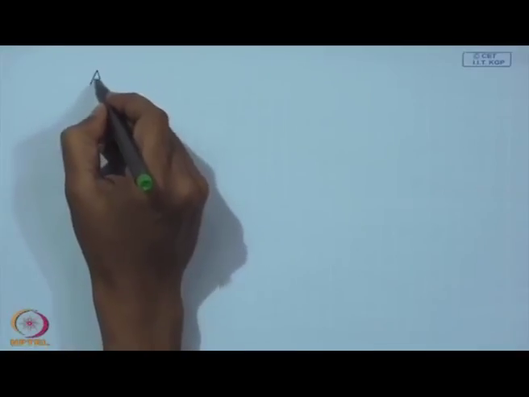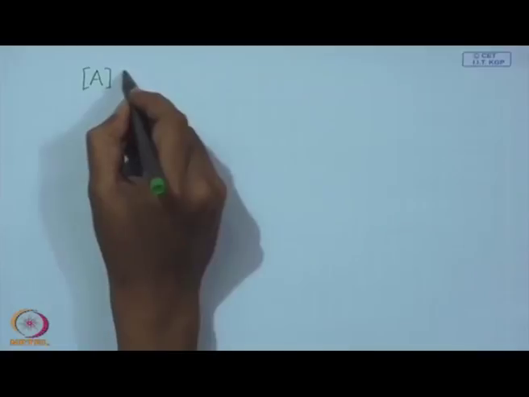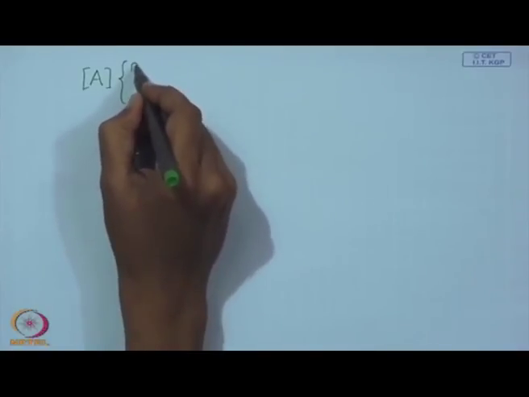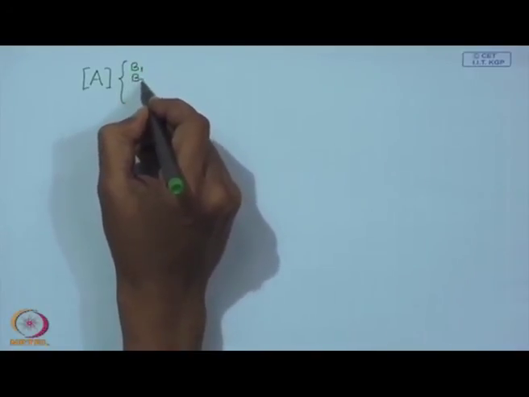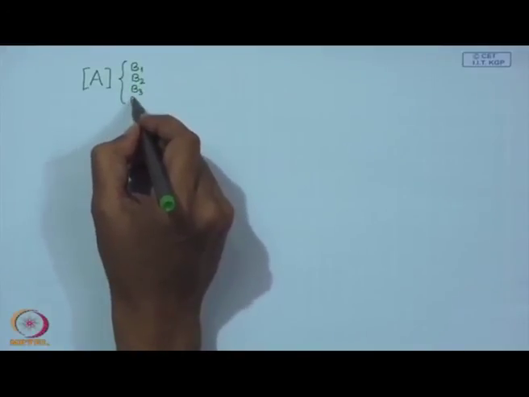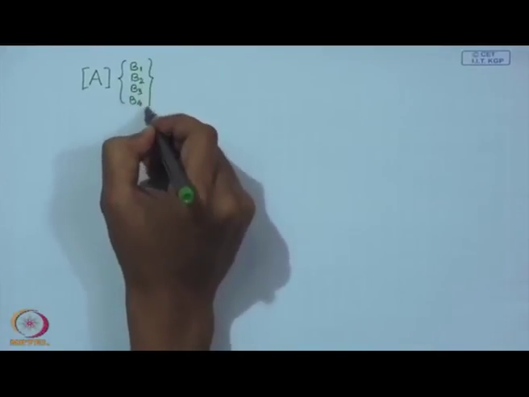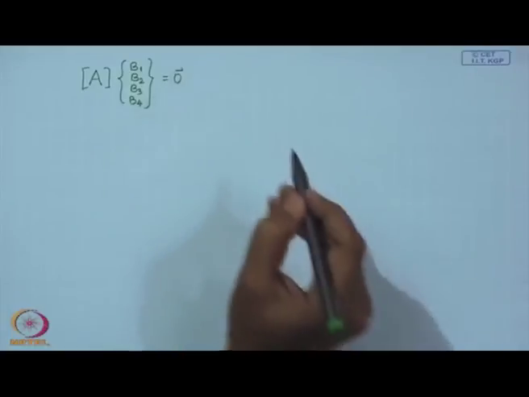Now, they can be recast as a matrix A times the coefficient vector, and this is 0.